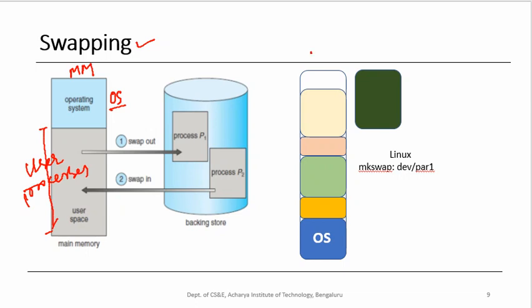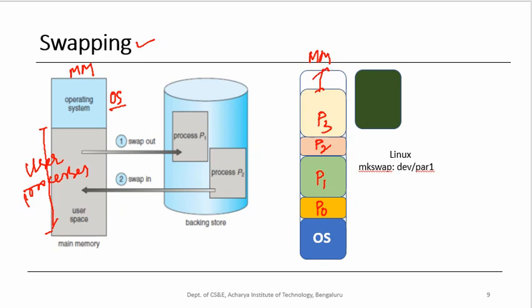I have redrawn main memory here, showing user processes coming into the main memory, and this part of the main memory is left free.